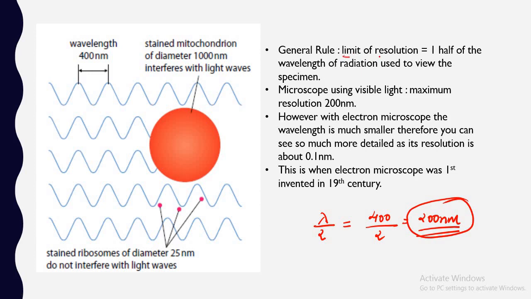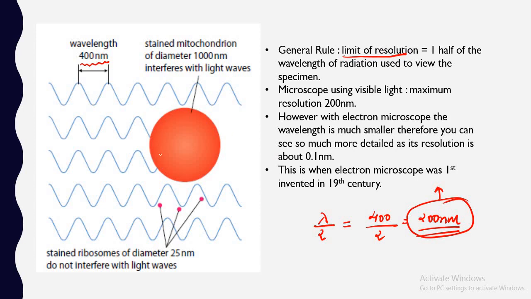To know what the limit of resolution is, check part 1. So the limit of resolution for light microscopes is only 200 nanometer. The wavelength of the visible light is 400 nanometer, so what we got is 200. That's the limit of the visible light, the maximum resolution obtained with visible light.